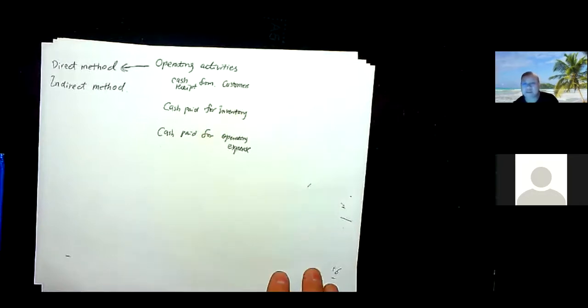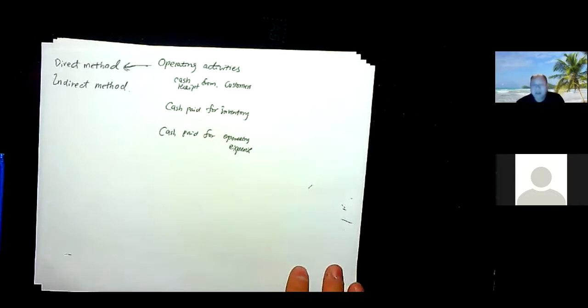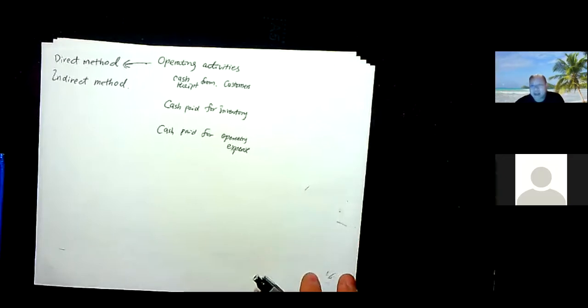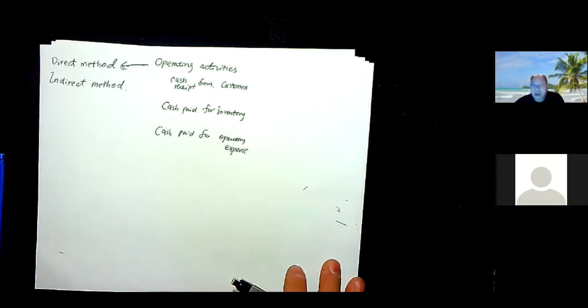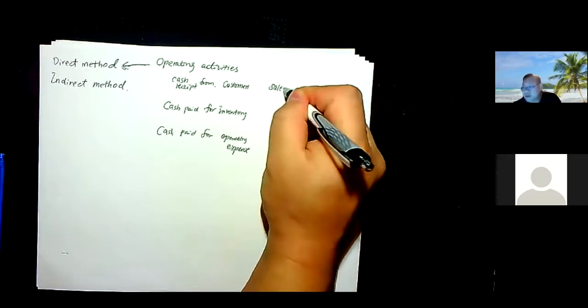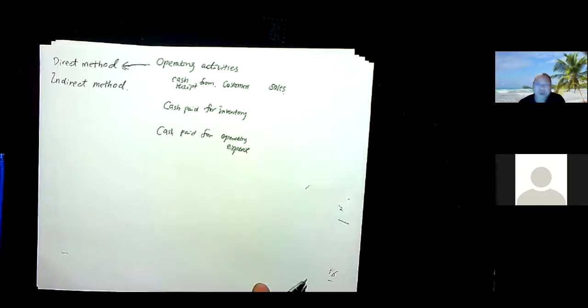What's your cash received from the customers? Basically it's sales revenue, right? Suppose in your business, you only take cash. You do not give people credit. You do not sell on account. There's no AR, so the cash you received should equal sales. But you will receive less cash because you give people credit on account.